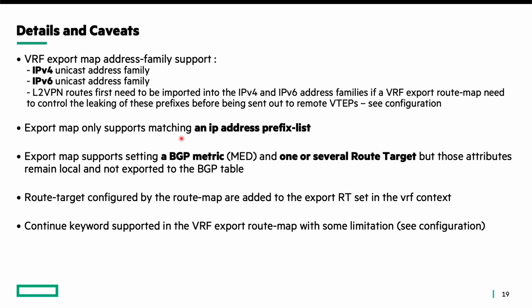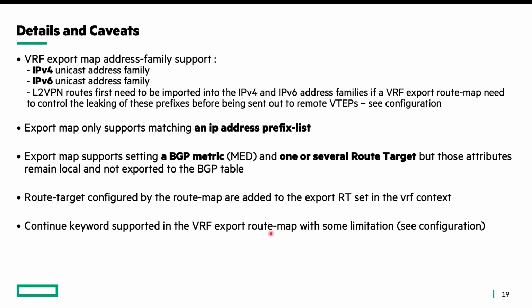The route targets configured by the route map are added to the export route target. Even so, in this first release, we don't have the additive keyword, so you need to be cautious. It's not a replace, it's not an override. Let's say in BGP you receive a prefix with an existing route target. If you set a route target from the route map, it will just be added to the initial received route target, not replacing it.